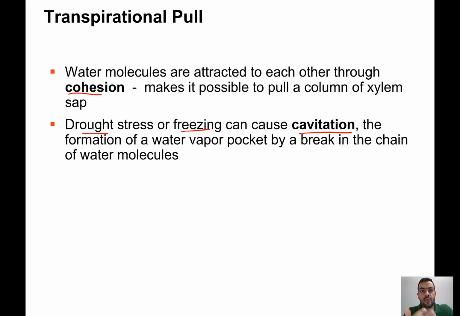This will break the continuity of the water film. This will break the ability of the water molecules to pull each other. So that's why plants usually face difficulties when they are faced by drought or freezing conditions, because that transpirational pull will not work in its optimum potential.